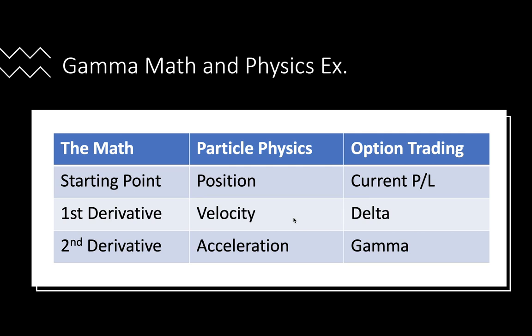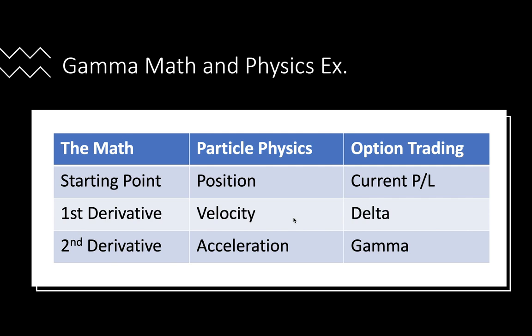If you've ever taken physics in high school, you learned that a particle that moves has a velocity, which has direction. Let's say you're moving at a constant 30 meters per second. That means you have a velocity of 30 meters per second.